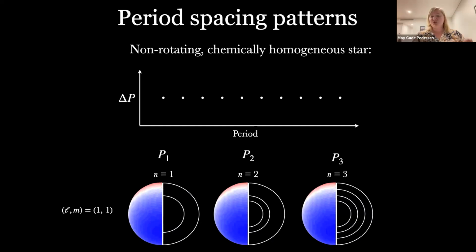And what we tend to do in addition is connect these data points with a line, which helps us see if we have any deviations from constant period spacings. Now, this is the case if we have a non-rotating, chemically homogeneous star. So naturally, these period spacing patterns are going to change as soon as we introduce rotation and stellar evolution.